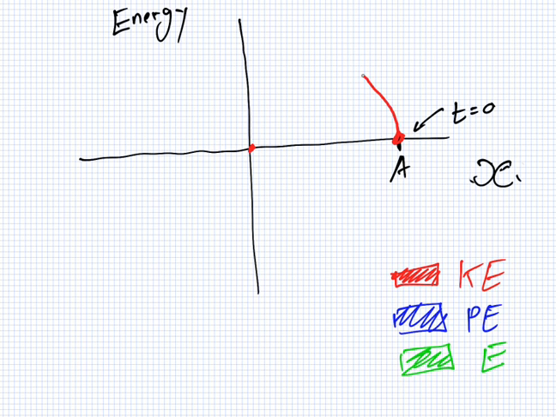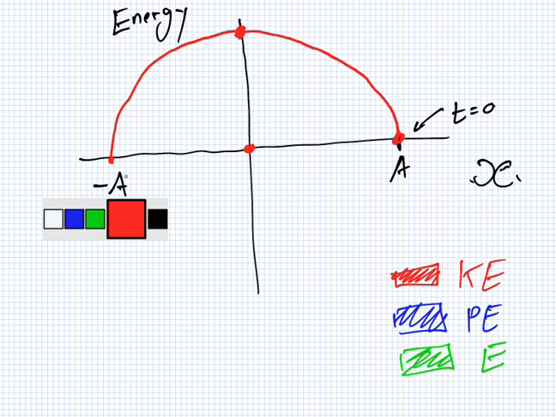Bigger because it's getting faster. So this red line here, as the x gets smaller, the kinetic energy gets bigger. And then when the x is 0, that's when you have the most kinetic energy, when it's the fastest at the middle. Then it will go negative, and then all the way back at the other side, at minus A, no kinetic energy.